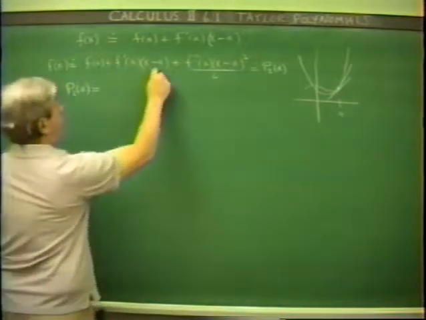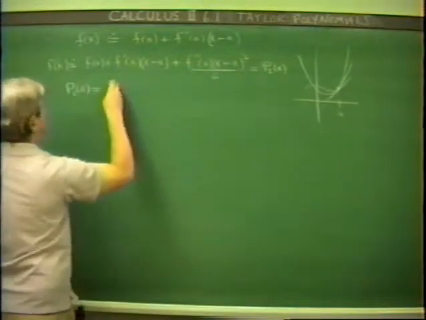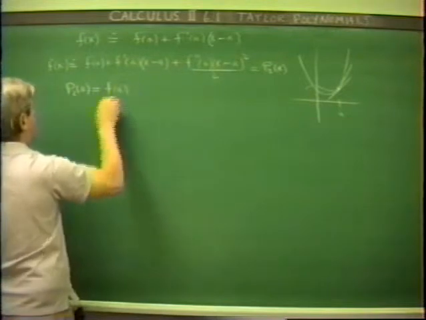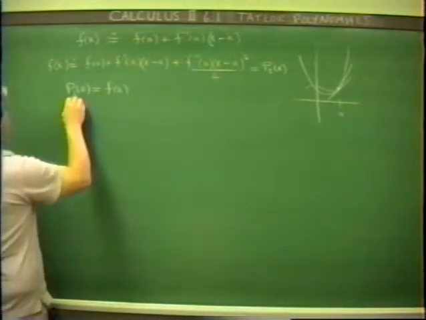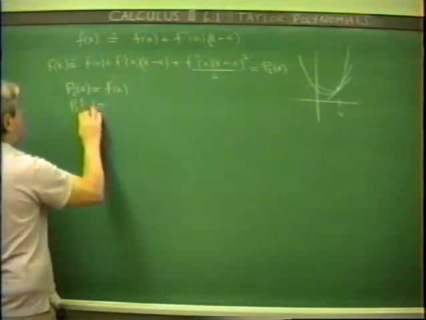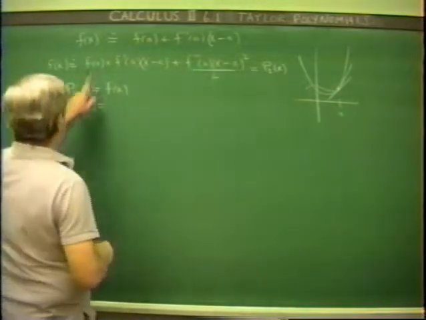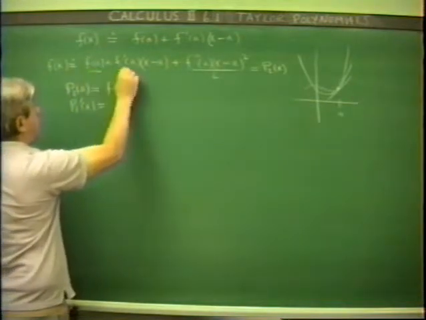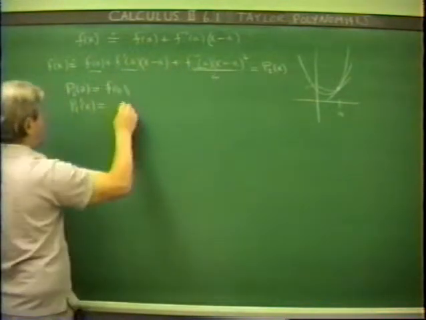P2 of a, when you put a in here, you get 0 here and you get 0 here, and P2 of a is f of a. The derivative, differentiating this, let's compute P2 prime of x. This is going to be equal to the derivative of this constant. These are all constants, of course. The derivative of the constant is 0.